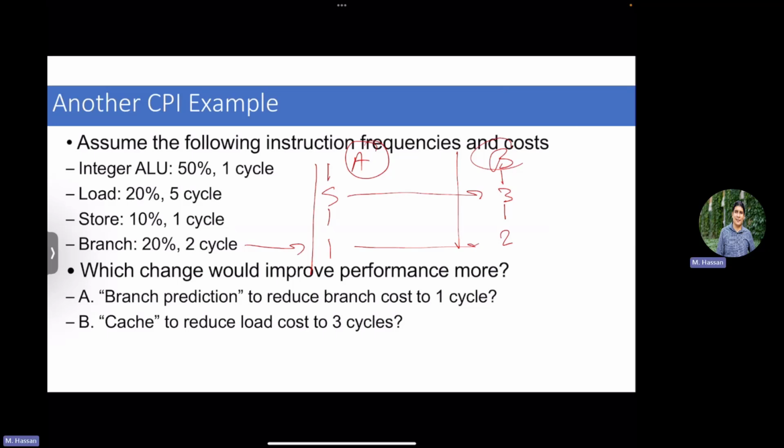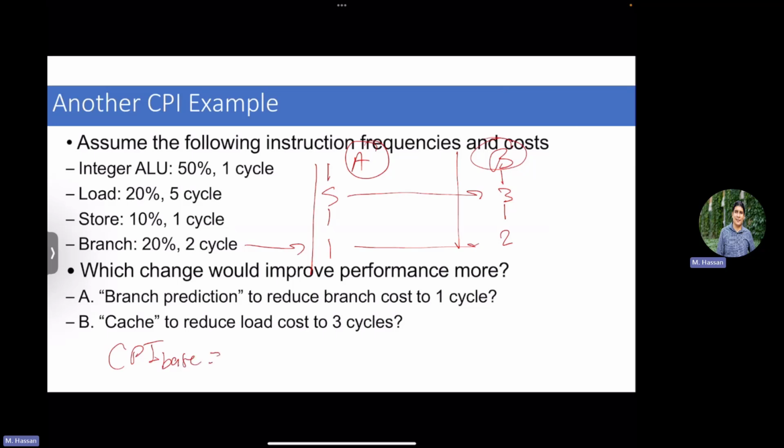Yeah, but what do I calculate then? Sure. But how? It's again using the CPI, right? So the CPI that we calculated in the previous slide, let's say I will take the CPI of the baseline. Baseline means before your modification, right?